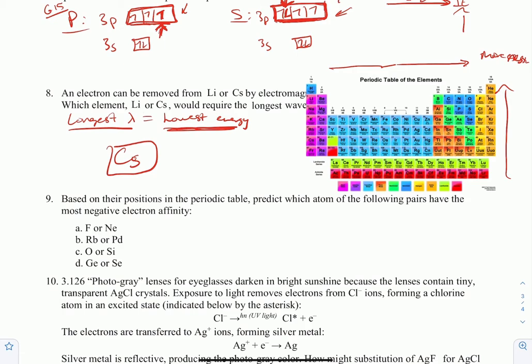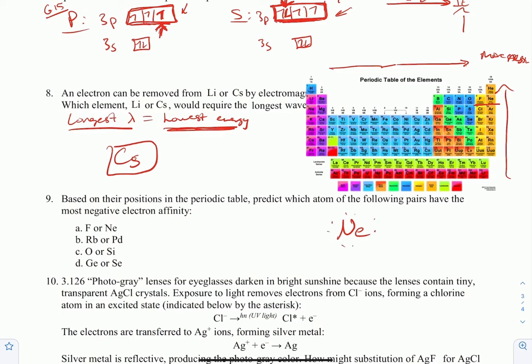All right, so the options for 9 say A is fluorine or neon. So we got fluorine or neon. Okay, well, following the trend, neon is to the right of fluorine, right? So in theory, it should have a higher or a more negative electron affinity. But here's the problem: neon is a noble gas, and it's already got the perfect octet around it.